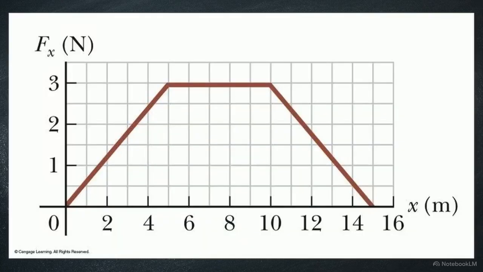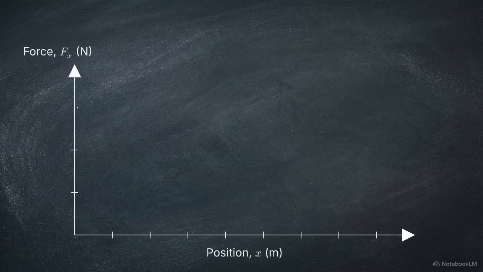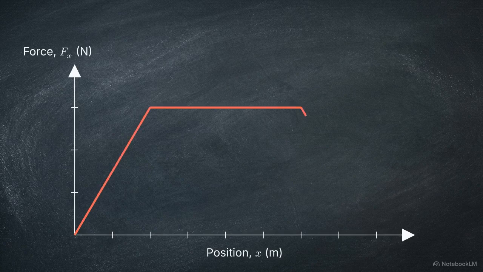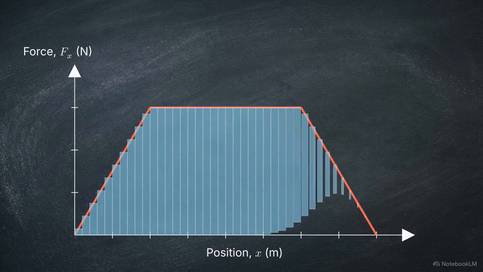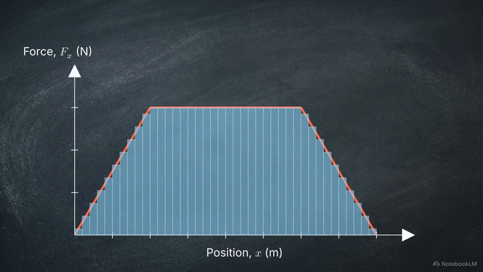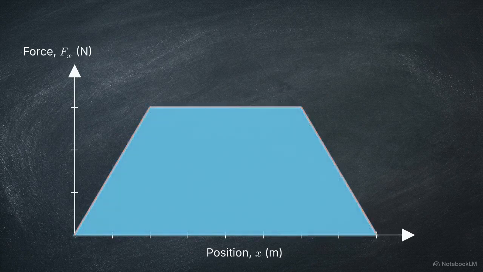We plot the varying force on the y-axis against the changing position on the x-axis, creating this distinct trapezoidal shape. The graph shows the force increasing steadily, holding at a constant level for a specific duration, and then steadily decreasing back to 0. Because our axes are force and displacement, the product of any vertical segment and its horizontal width represents a specific amount of work.